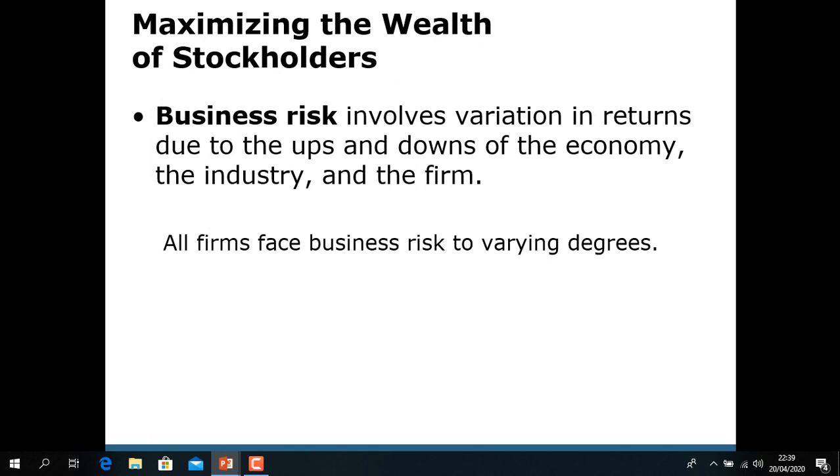For example, a business manager may make certain decisions that affect its profit, or she or he may not anticipate certain events in the future, causing the business to incur losses or fail.